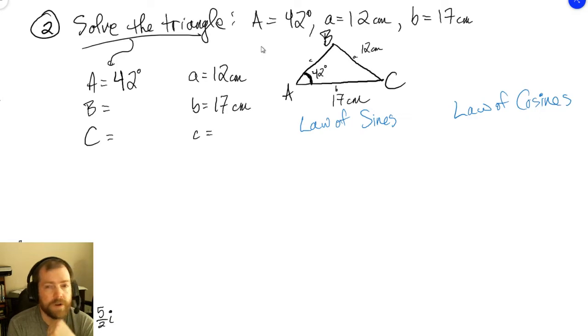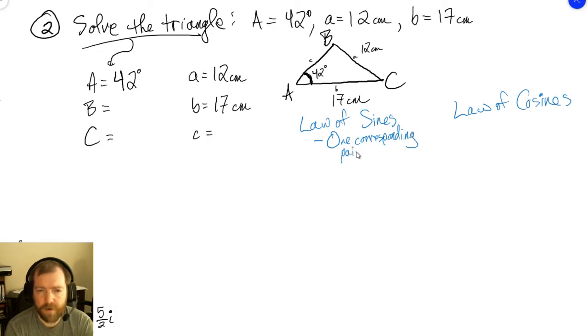In order to do law of sines, and we've done this before in this channel, you must have one corresponding pair, an angle and a side. Lost my cursor.